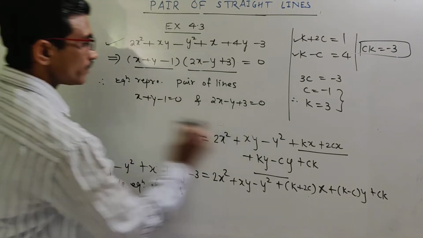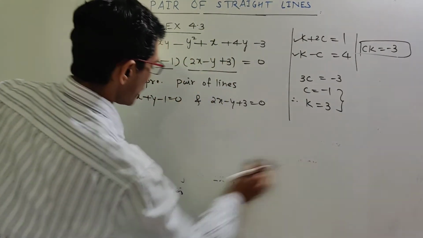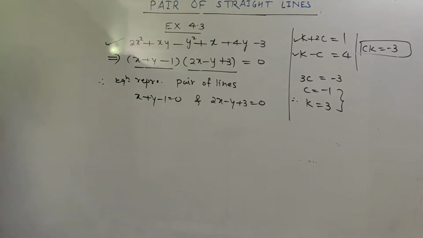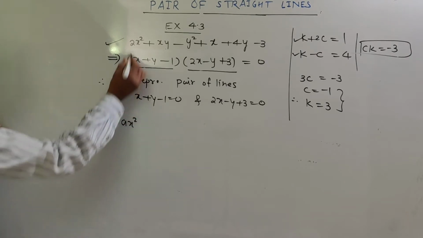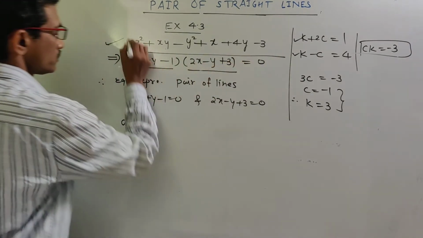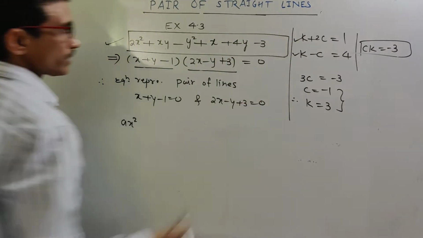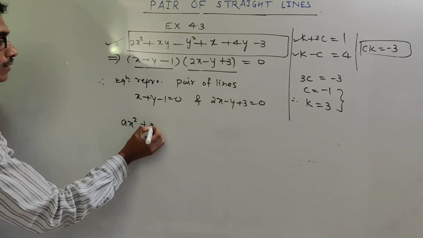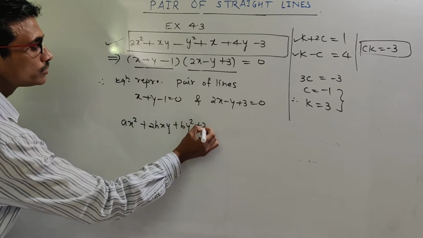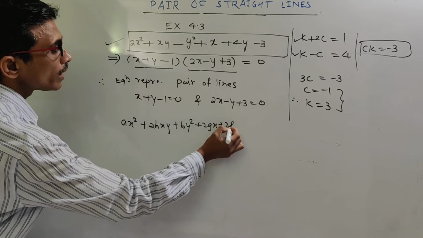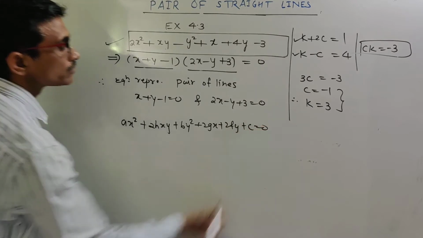Further, we want to find the angle between them. So we compare the given equation with ax square plus 2hxy plus by square plus 2gx plus 2fy plus c is equal to 0.